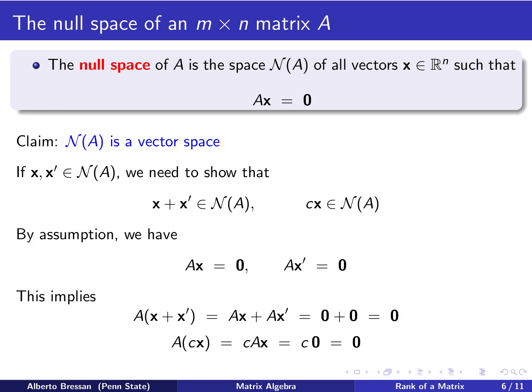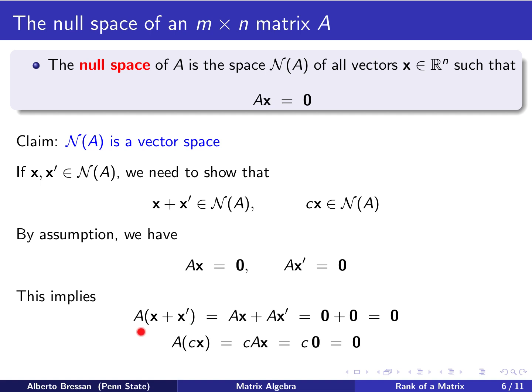Okay, let's check that. By assumption, if x is in the null space of A, then A times x is 0. And x prime is also in the null space, so A times x prime is 0. Then I want to show that x plus x prime is also in the null space. It's enough to show that A times (x plus x prime) equals 0.